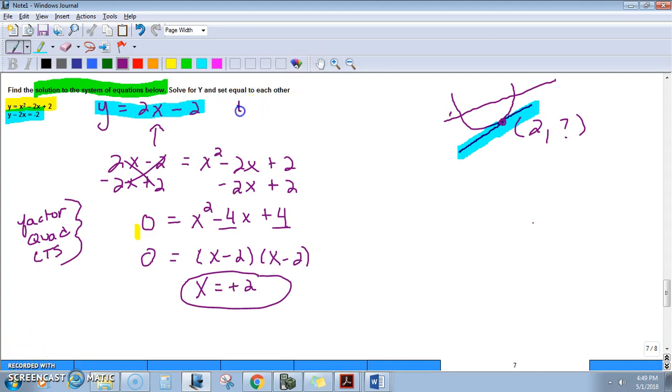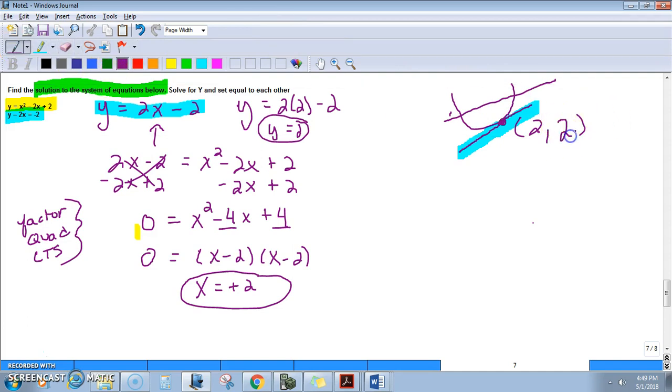So if we rewrite this as y equals 2 times 2 minus 2, that's going to be obviously 2 times 2 is 4. 4 minus 2, y is equal to 2. So it looks like where they connect over here is going to be 2 comma 2 in the first quadrant.